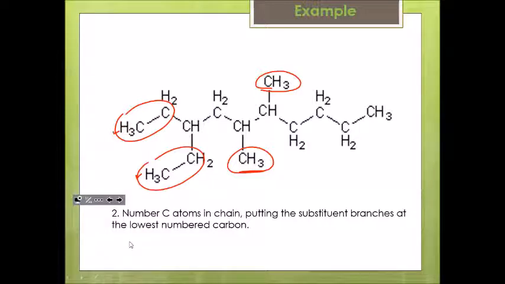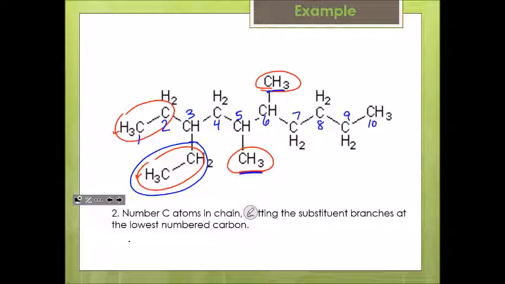It doesn't really matter which one I do; I'm just going to do this one because it's more in the straight line. This would be carbon 1, this is carbon 2, this is carbon 3. That means this branch is off of carbon 3. This would be carbon 4, carbon 5, carbon 6. So this one's off of carbon 5, this one's off of carbon 6, then 7, 8, 9, 10. That puts my branches off of carbon 3, carbon 5, and carbon 6.